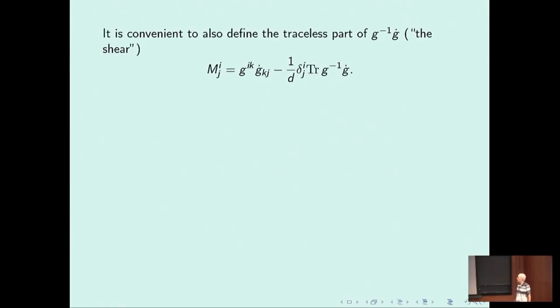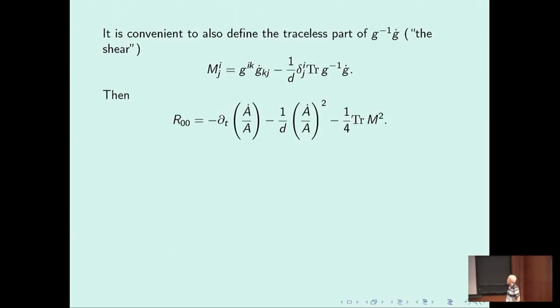It's convenient to also define the traceless part of g inverse g dot, which is called the shear, although people usually take 1/2 of what I call M as the shear. And then the formula for R00 expresses it in terms of A dot over A and the traceless part M.